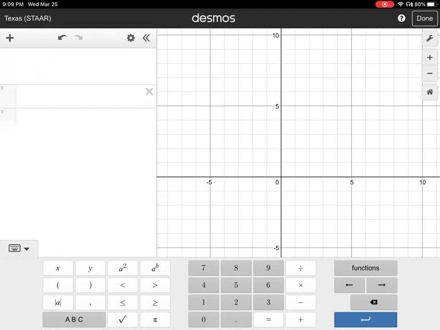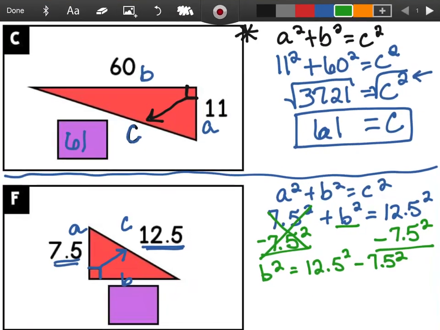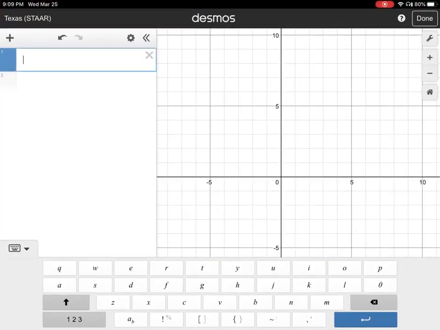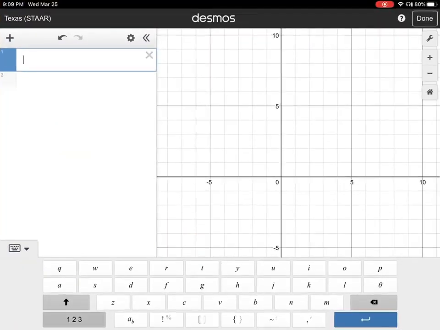Actually, if you go back and look at this, this is c. So it is b squared equals c squared minus a squared. So I can put in here 12.5 squared minus 7.5 squared and use the square root just like we did before.